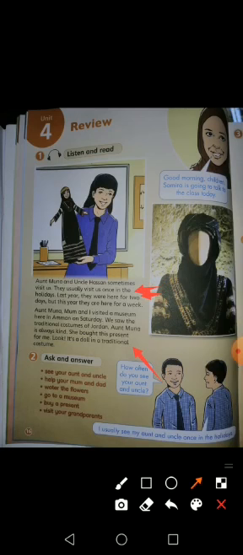So Aunt Muna, the mother and Samira visited the museum. If I ask you where did they go, the answer is, they went to the museum, right? What did they see in the museum? They saw traditional costumes, okay, in the museum.